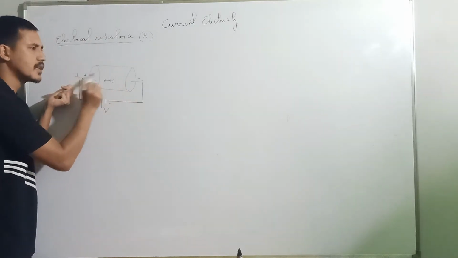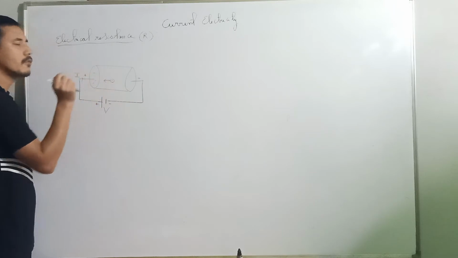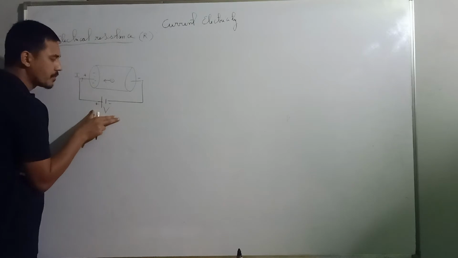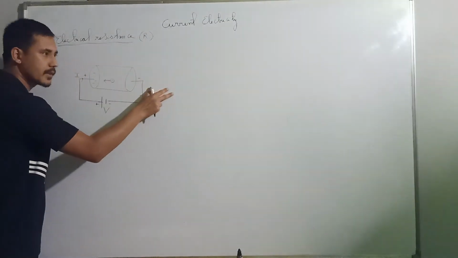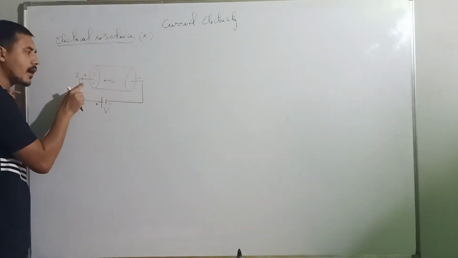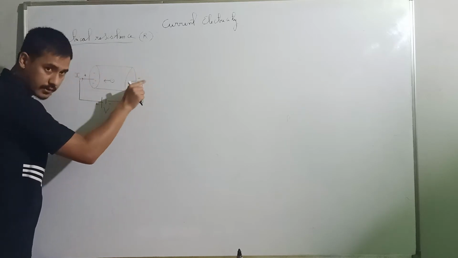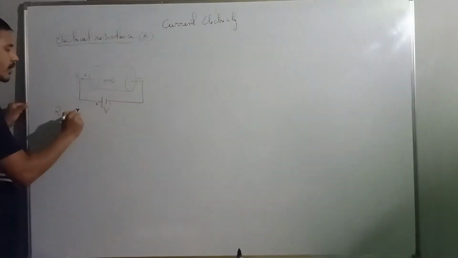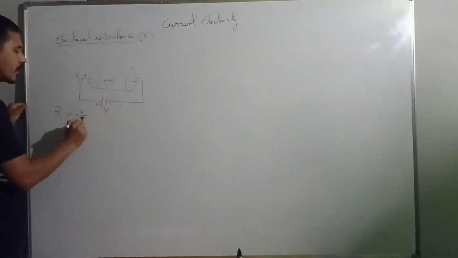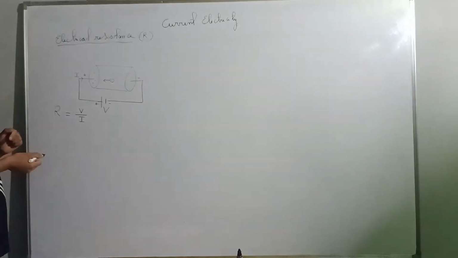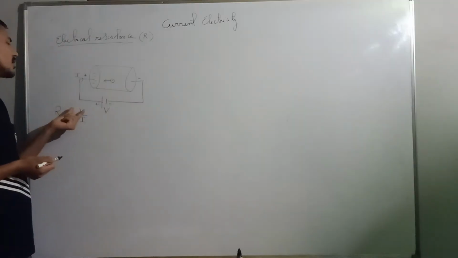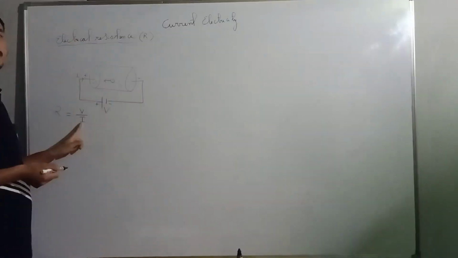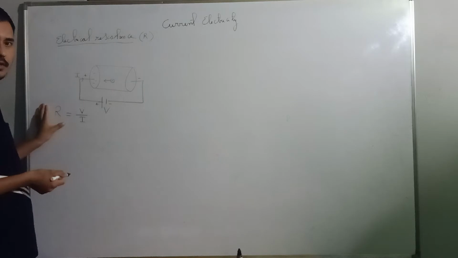Current always flows in a direction opposite to the flow of electrons. Then the electrical resistance R is given by V upon I. The ratio of the potential difference across the two ends of the conductor to the current flowing through it is known as electrical resistance.